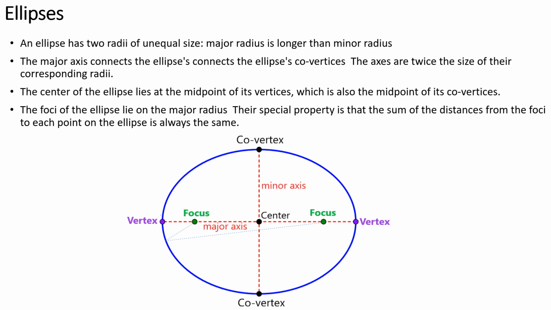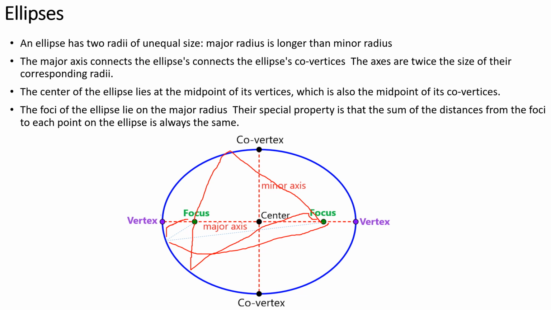Now we're going to talk about the focus in a minute. The special thing about the focus, and we'll show you how to find the focus, is that the focus is always along the major axis. And whatever the distance is from one focus to a point on the ellipse to the other focus, no matter where, it's the same total distance. Imagine a string attached to two foci: anywhere along the edge of the ellipse, it's always the same distance.